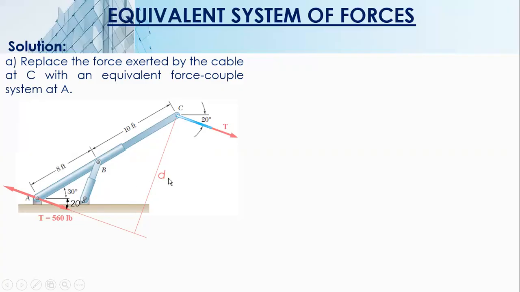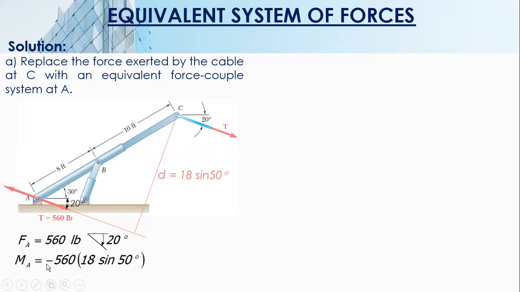Now, we can solve for D. From trigonometry, 50 for the angle, opposite side, hypotenuse. So, D is hypotenuse times sine of the angle. So, that's 18 sine of 50. So, here is the equivalent force couple system. The force is 560 pounds. Its direction is 20 degrees, fourth quadrant. Then, its moment is force 560 times distance.